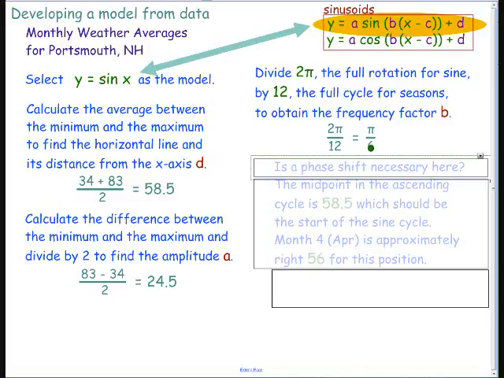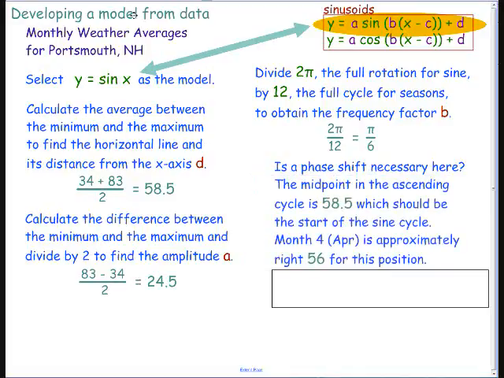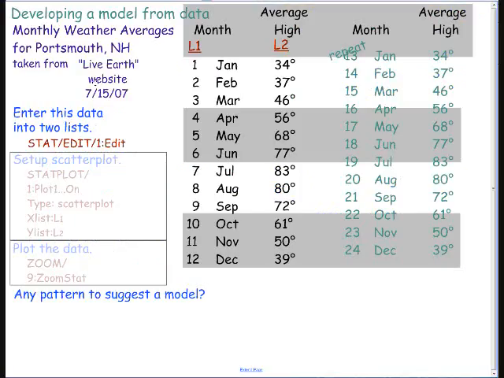The question coming up next is, is a phase shift necessary here? Well, we'd expect the beginning of the cycle to occur right at the midpoint at 58.5. So let's see.